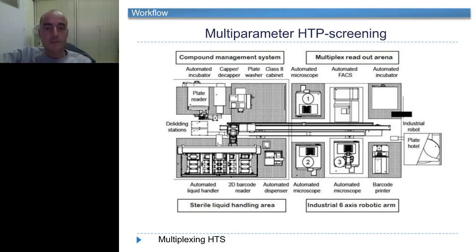With this station, we can conduct the primary screens using our automated microscope. So we conduct our image-based ICD fingerprinting using the automated microscopes, and we can also rearray all the compounds that are interesting for us in an automated fashion using our automated liquid handling system.